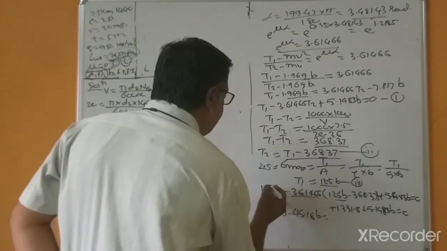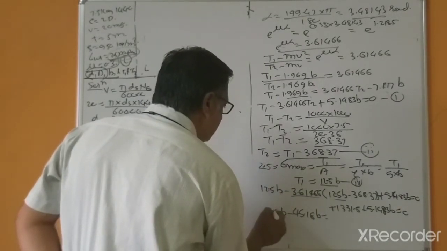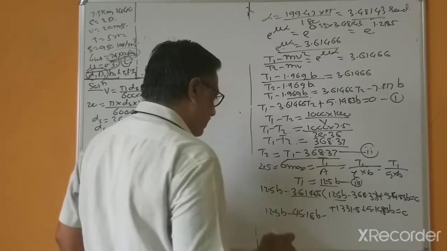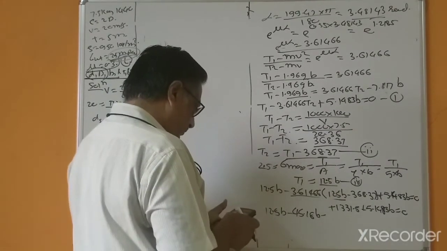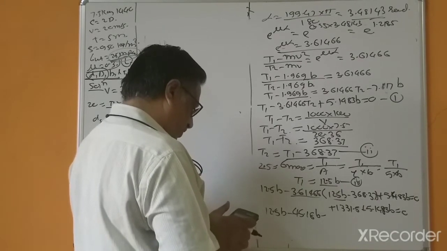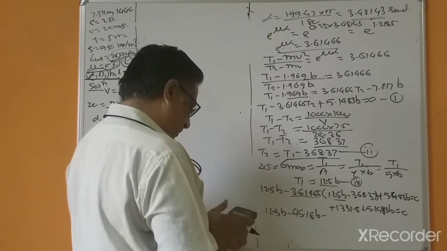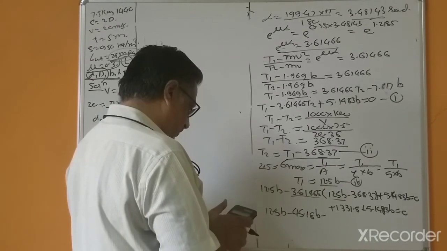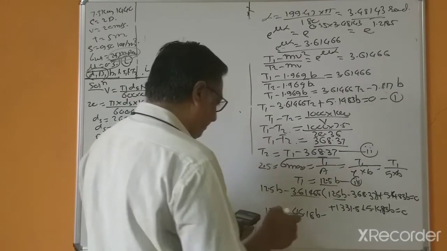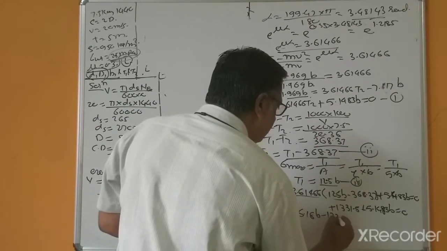This is 12.5. Minus 368.37 multiplied by 3.61466, 1331.